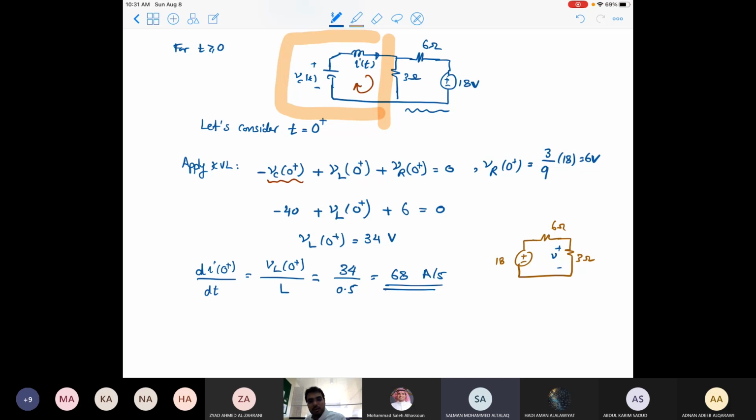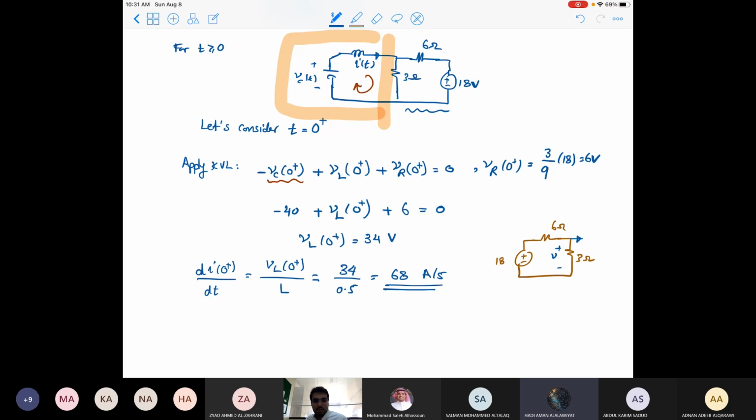But it is connected to the inductor and the capacitor. Okay, but there is no current flowing here. If there is no current, we imagine that it does not exist, it's as if it's not connected. Okay.